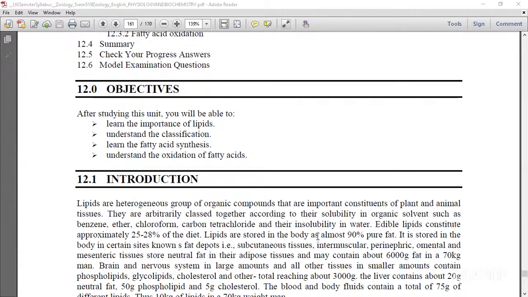Edible lipids constitute approximately 25% to 28% of the diet.